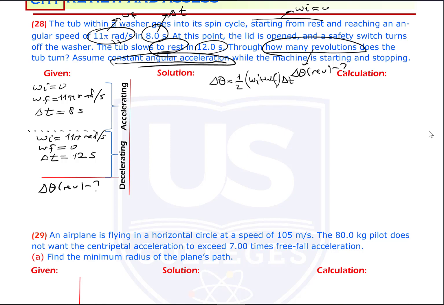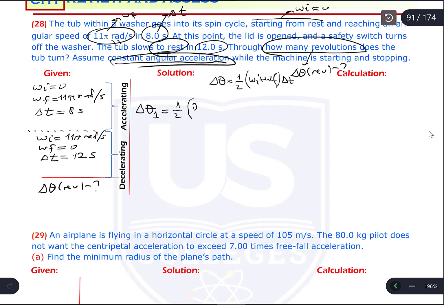Okay, so now let's start. Delta theta for the acceleration part, I will say this is delta theta 1, is going to be 1 over 2. Initial angular speed for this accelerating part is 0. Final angular speed is 11 pi. Multiplied by delta t for the acceleration part, which is 8.